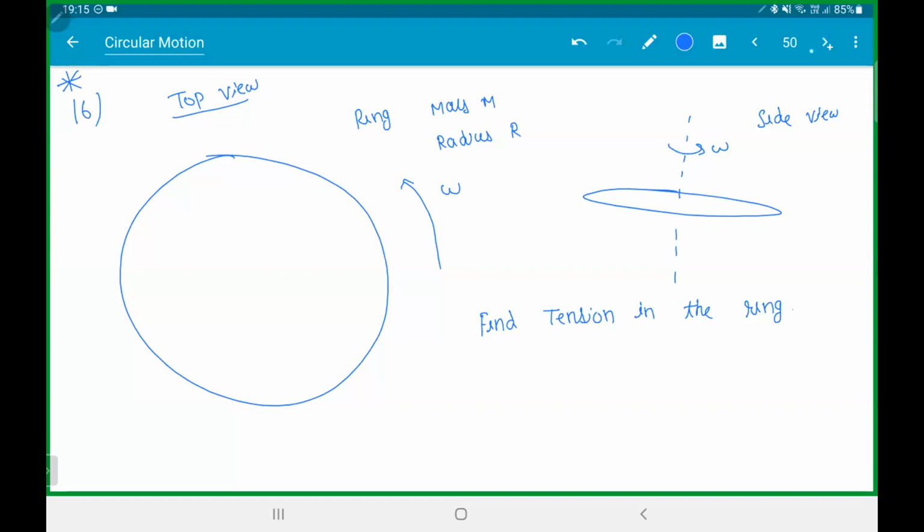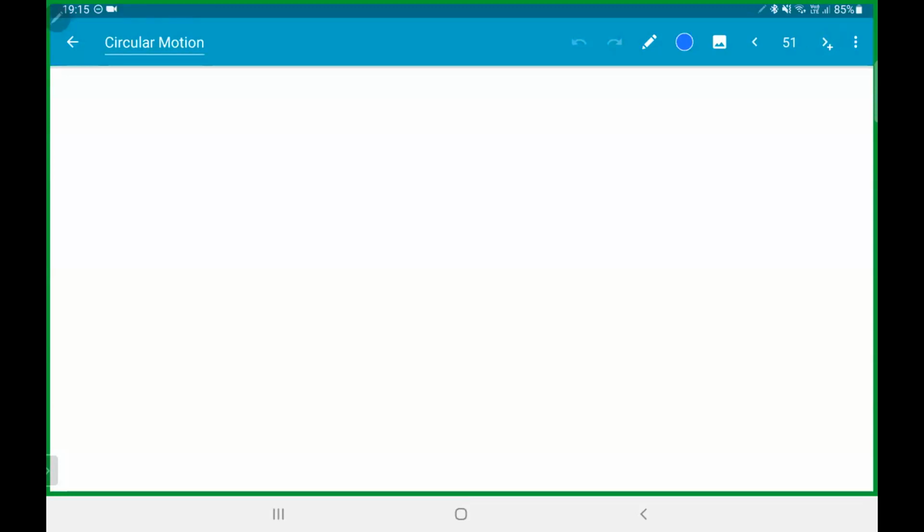Listen carefully to this process. It is the exact same process you have to use in other chapters also. We take a small piece here, d theta. This arc length is r d theta.